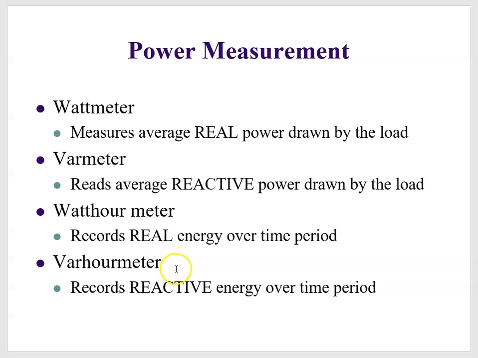And a VAR-hour meter records reactive energy over a period of time. So with a watt-hour meter or a VAR-hour meter, we're measuring energy, not power. It's measuring the power times the amount of time that you've used it.